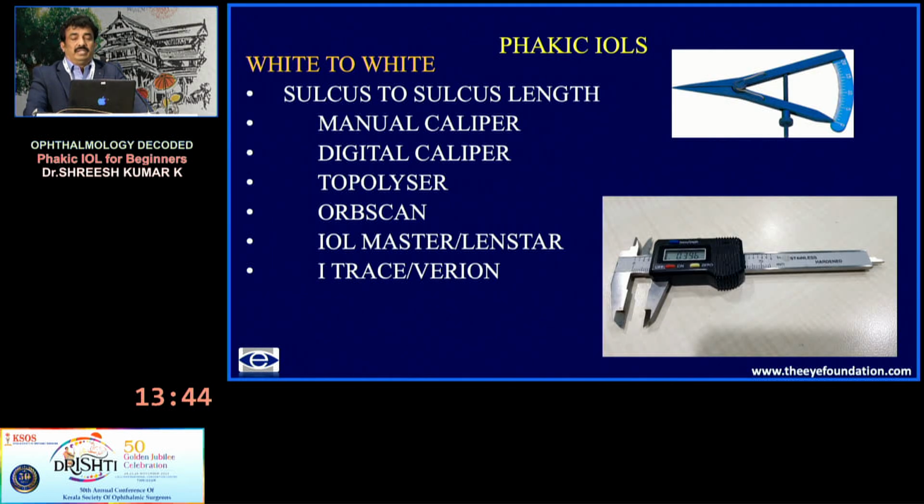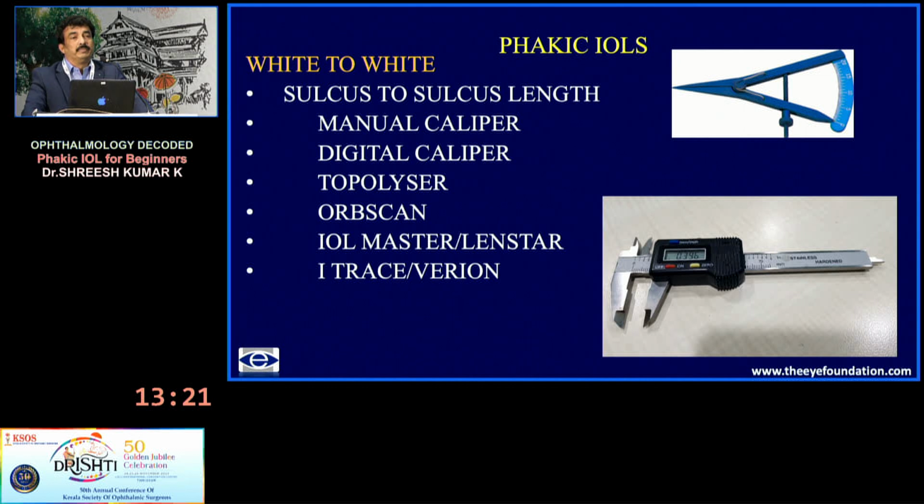Proper calculation and sizing is very important because sizing will determine the fit and overall success of these phakic lenses. Selecting an appropriate lens size is based on the measurement of the patient's white to white distance, which is just an indirect measurement of sulcus to sulcus.